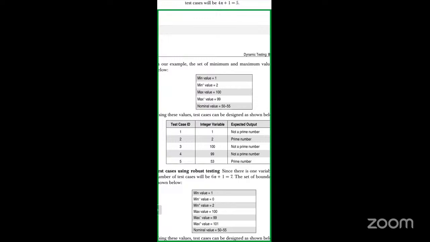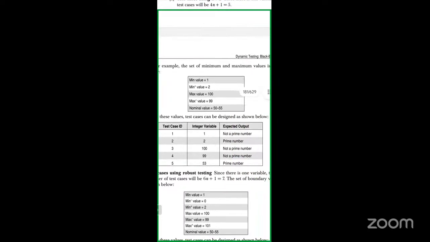All those 5 test cases we are writing in the form of test case ID, integer value, and expected output. For the first test case, the integer value is 1.